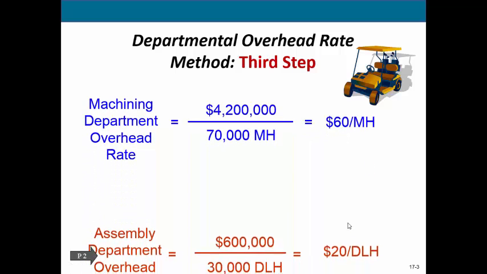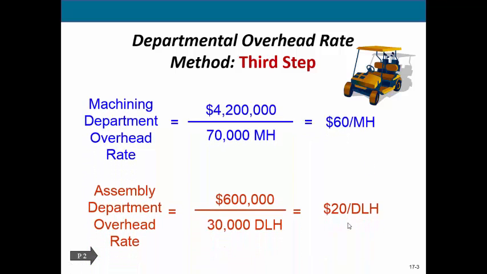So you can see here for the machining department, $4.2 million of the overall $4.8 million is related to the machining department. We're going to allocate that based on 70,000 machine hours. So this means for each single machine hour that a go-kart uses, we will apply $60 of machining department overhead.